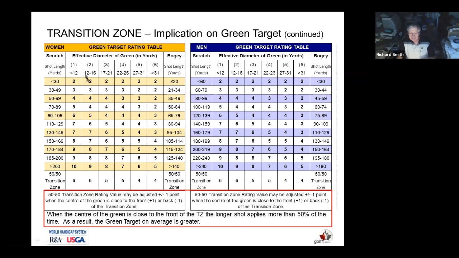And in your average, you should be using more weight on the short shot than on the long shot. And that's why that becomes a -1, sort of moving it in the direction of the short shot. A little tricky to get your head around, but you just have to start thinking about what this really means: do we get the long shot or the short shot more often than half the time?